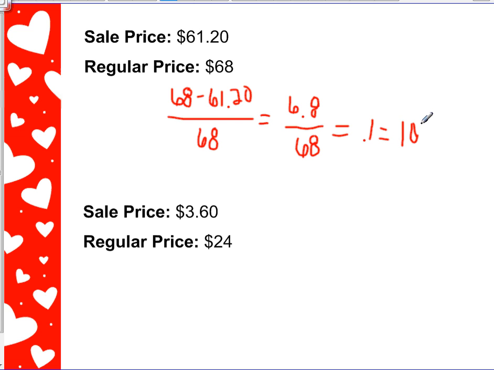So this item has a 10% discount. All right, so what I'd like you to do is figure out in your WIS tonight what percent discount you're getting for an item that has a sale price of $3.60 and a regular price of $24. Okay, so find the percent of discount.